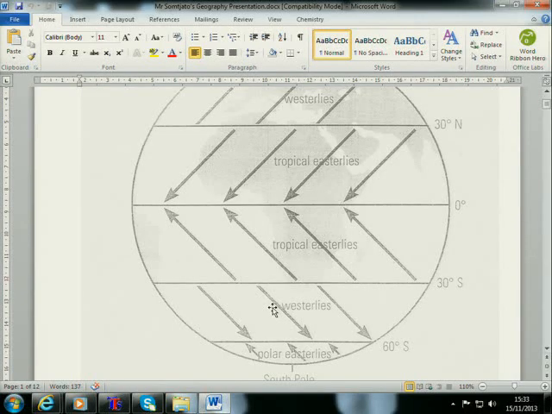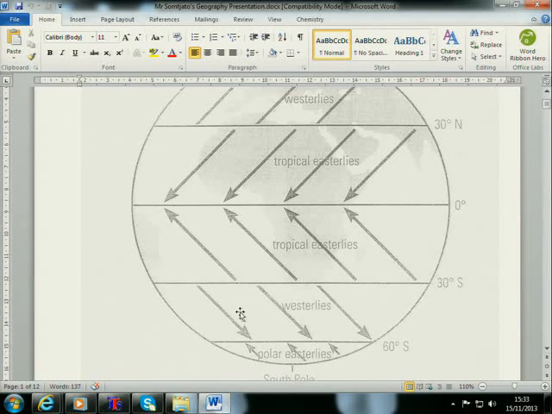It is called the westerlies because of the Coriolis force. Can you see the deflection of the air from the subtropical high pressure belt to this subpolar low pressure belt? The air is becoming deflected. The force that causes the air to be deflected is called the Coriolis force.